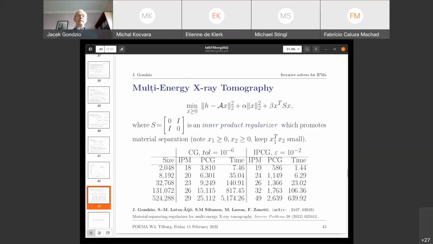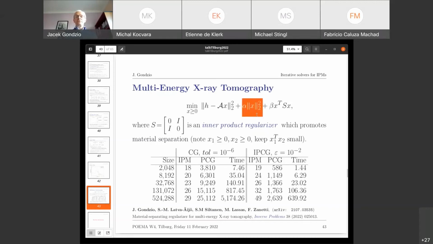We used it in a very difficult problem originating from X-ray tomography. This problem tries to find the solution of a least squares problem, which is regularized by two types of regularizers.